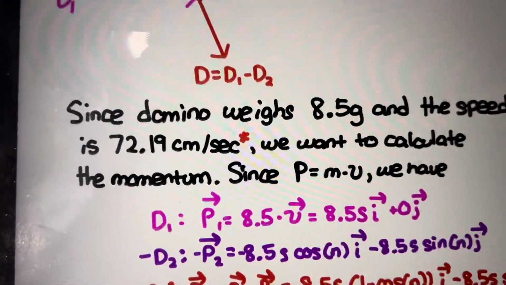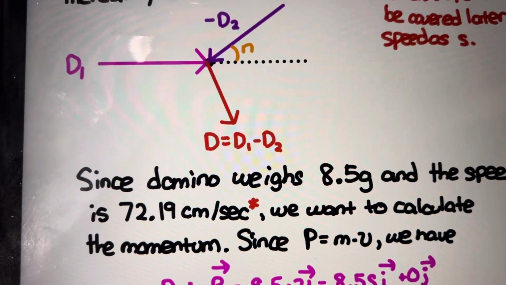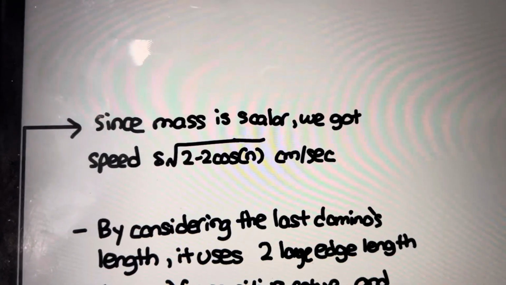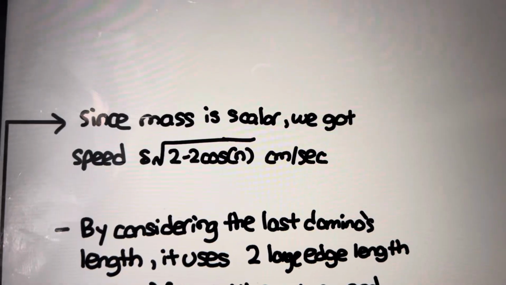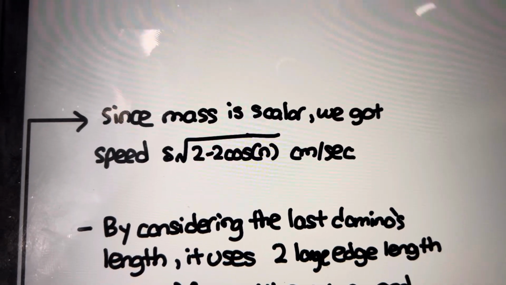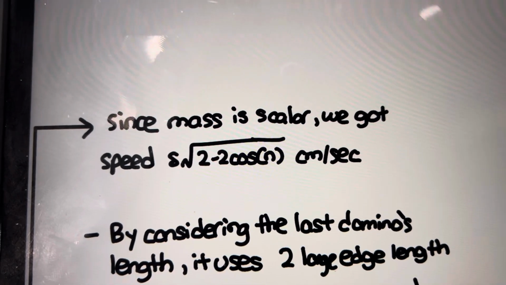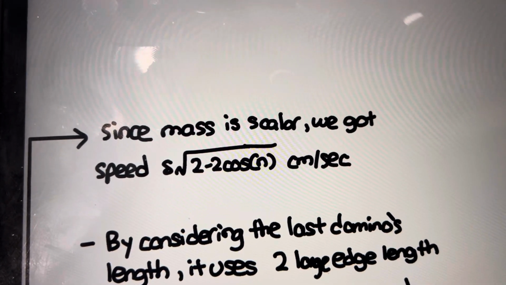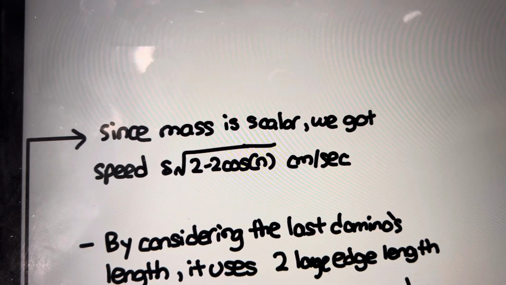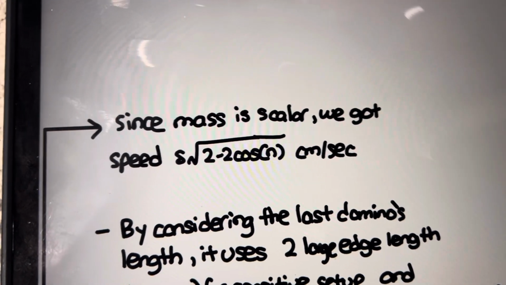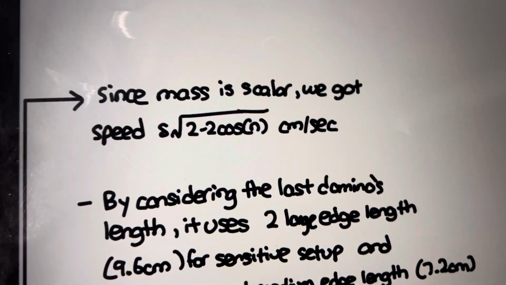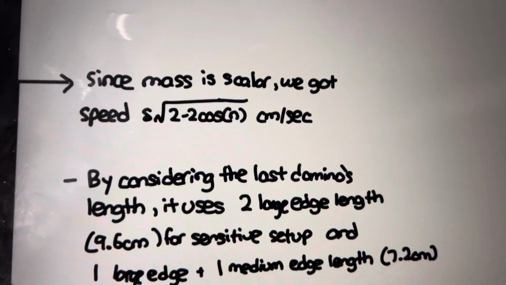Actually, no. This means that the horizontal will be positive, but the y direction will be negative. Since mass is a scalar, I thought of dividing the scalar momentum that we got by the mass. In this case, we got the speed constant times the square root of 2 minus 2 cosine n.